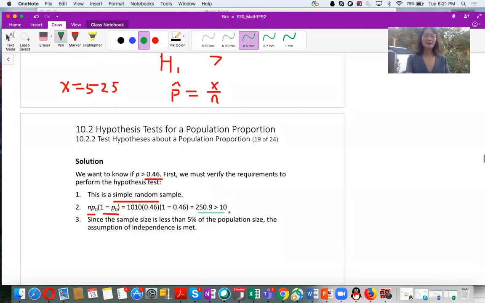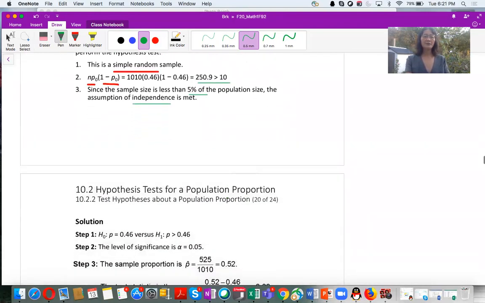This number is greater than 10, so the second condition is satisfied. Since the sample size is less than 5% of the population, the assumption of independence is met. So we check the requirements.